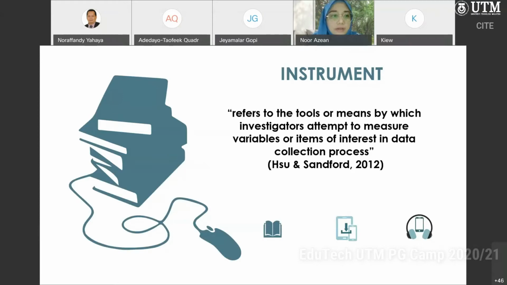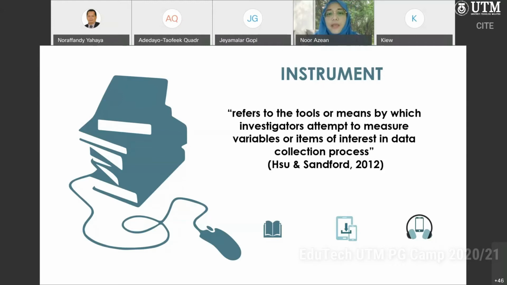Instrument is very, very important. So how do you make sure that your instrument is good? Sometimes you can go to expert people, who may give advice, correct certain items, or give good comments on how you can make your instrument better or improve it.